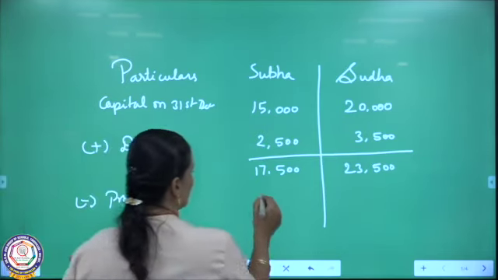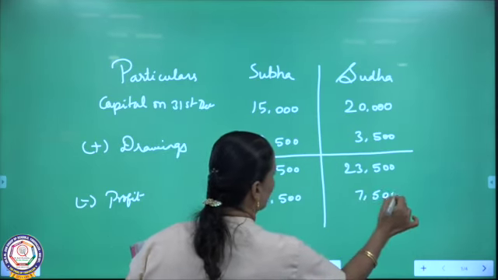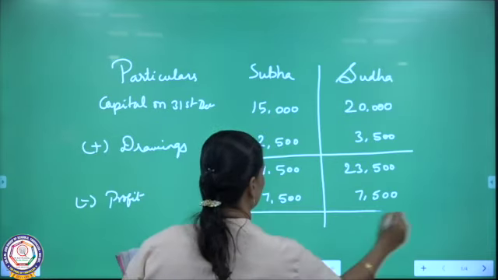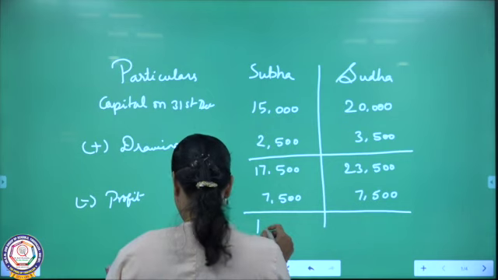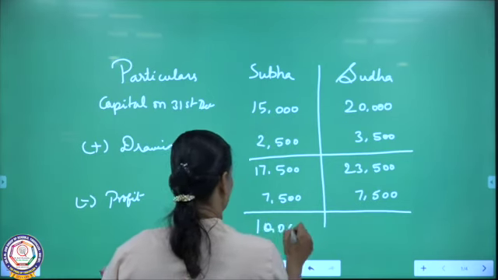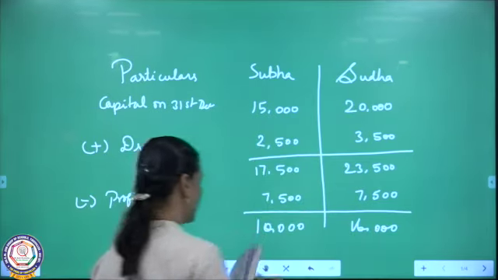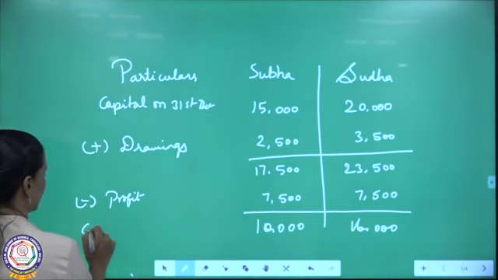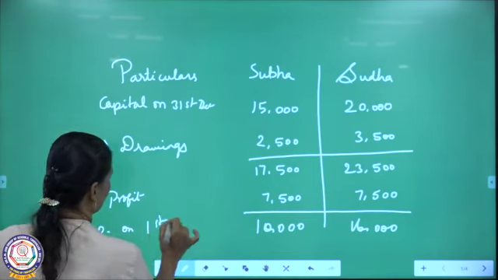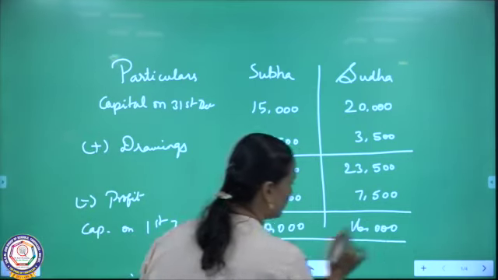How much? 7,500, 7,500, because they got a profit of 15,000. Okay. So, here what should we do? 10,000, 16,000. So, this is the capital on 1st January. Okay, this is the opening capital we got.